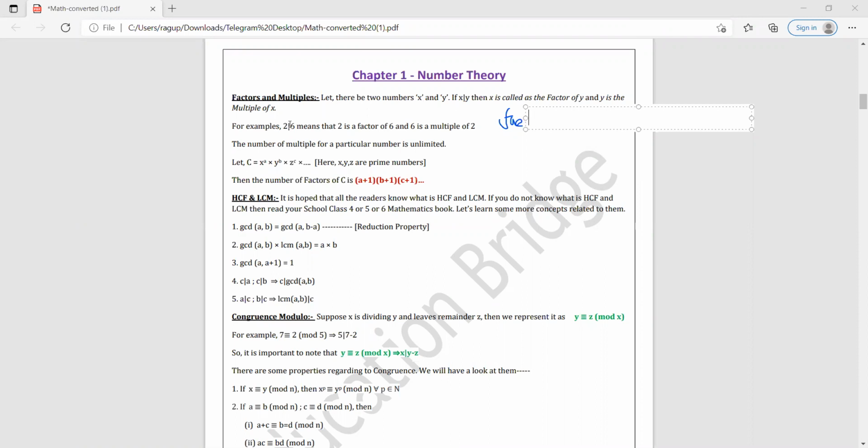So factors and multiples means, for example, we have 6 and we know that 6 is a multiple of 2.